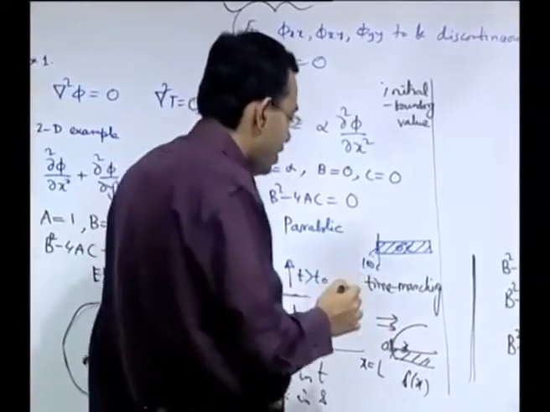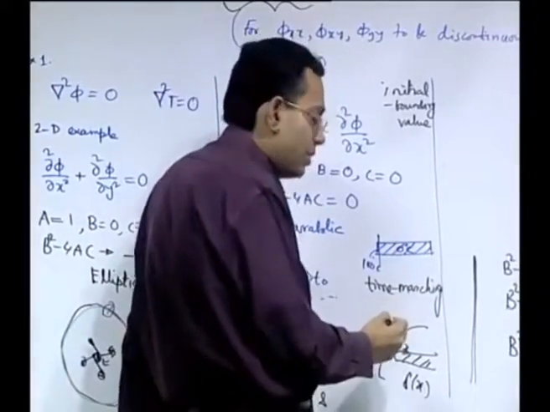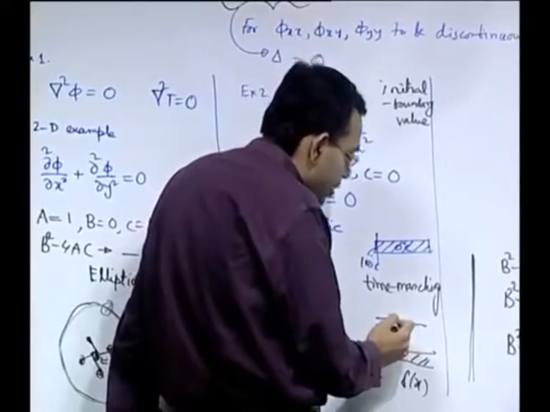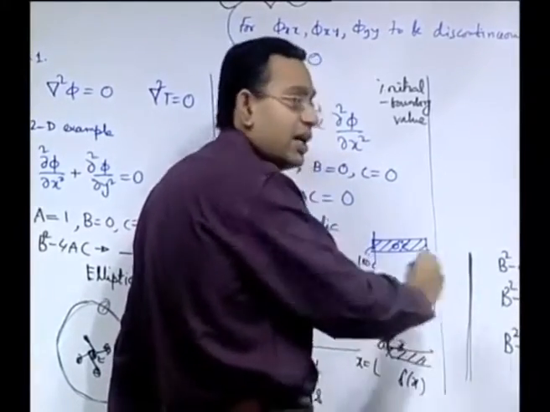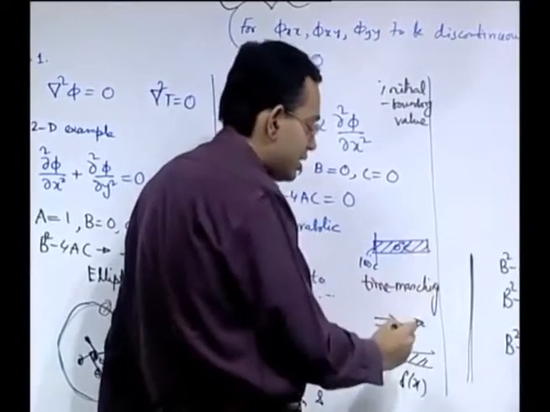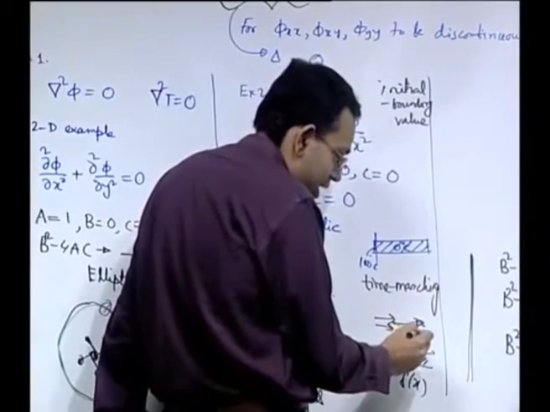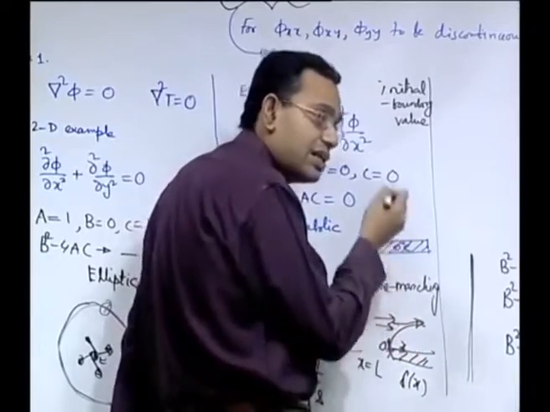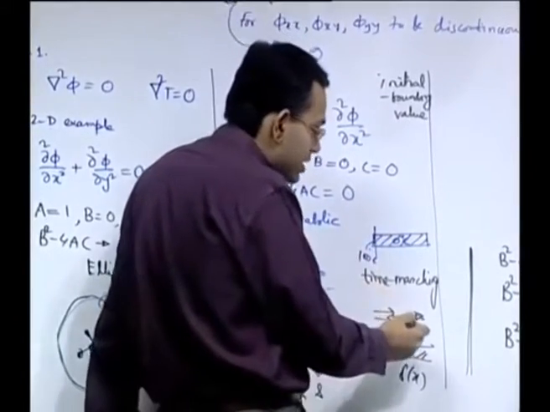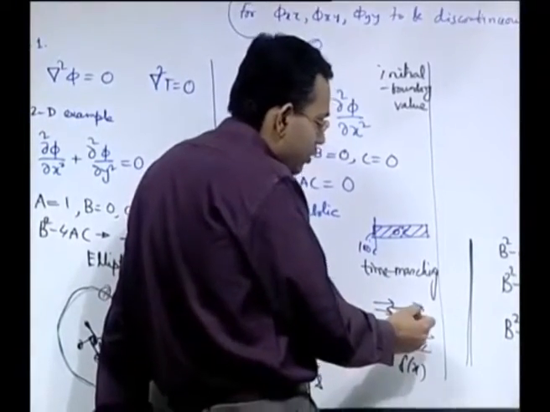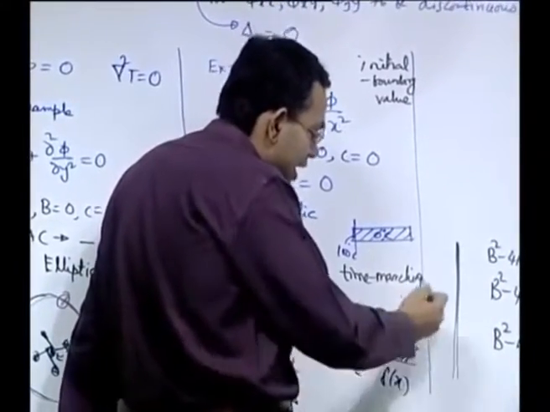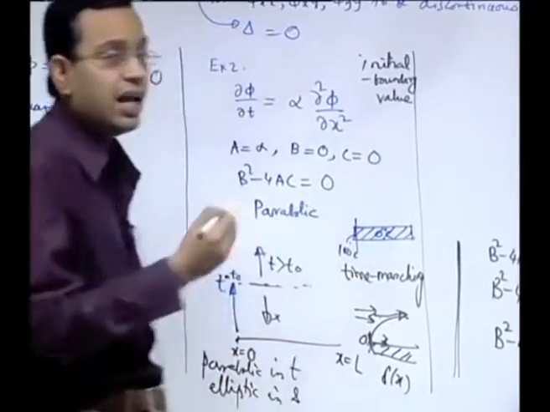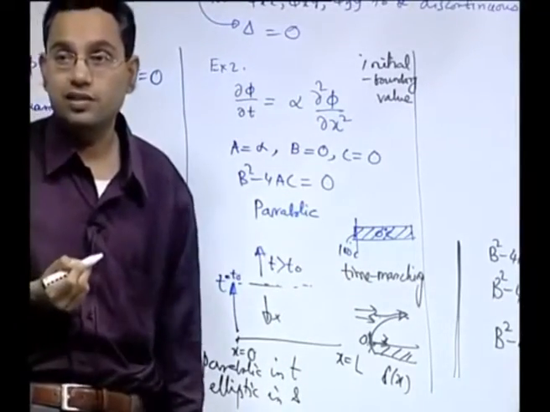Because these are high Reynolds number flows, there will be a predominant direction of propagation of disturbance in the forward x direction along which it will march. There is definitely some viscous effect, but viscous effect will not be propagating this entire flow towards the other direction until and unless there is boundary layer separation.